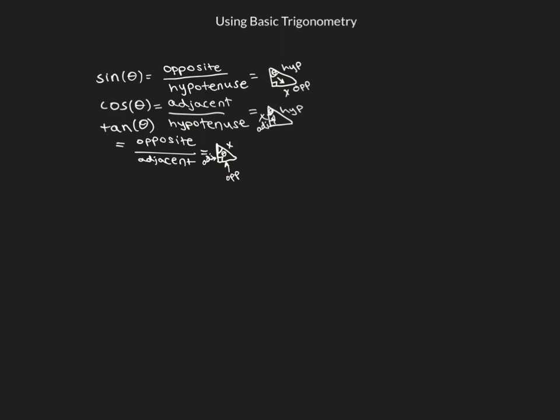Now, one easy way to remember these formulas, so opposite over hypotenuse is sine, cos is adjacent over hypotenuse, and tan is opposite over adjacent, is using this mnemonic device, which would be SOH CAH TOA.